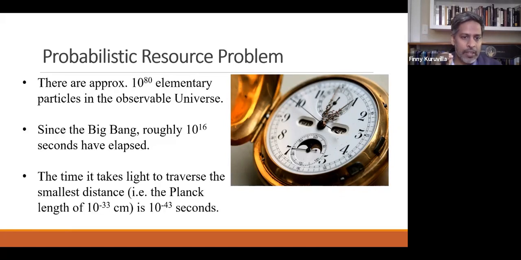Then there are roughly 10 to the 16 seconds since the Big Bang. The time it takes light to traverse the smallest distance, the Planck length of 10 to the minus 33 centimeters, is 10 to the negative 43 seconds.